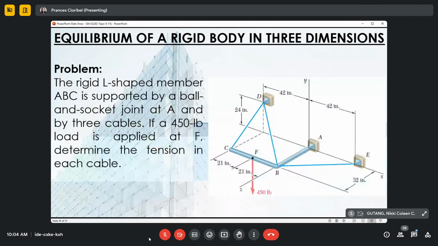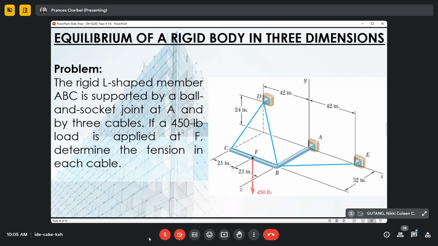We have a rigid L-shaped member ABC supported by a ball and socket joint at A. Ball and socket: how many unknowns? Three, the x, y, and z forces, and it is allowed to rotate along x, y, and z. It is also supported by three cables, namely CD, BD, and DE.